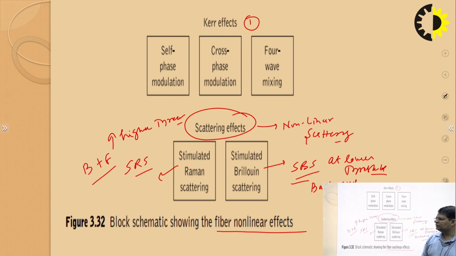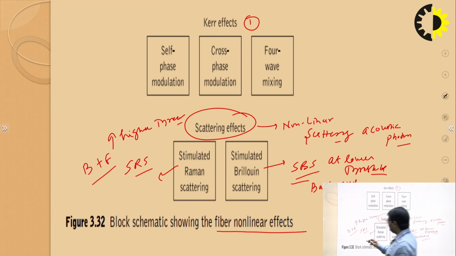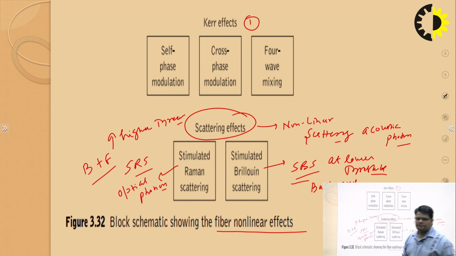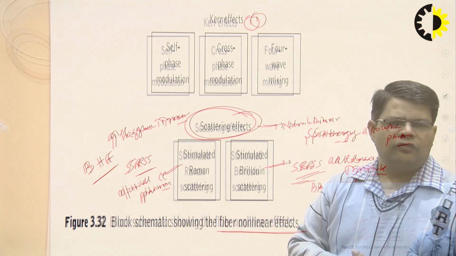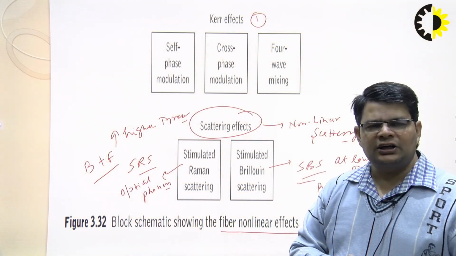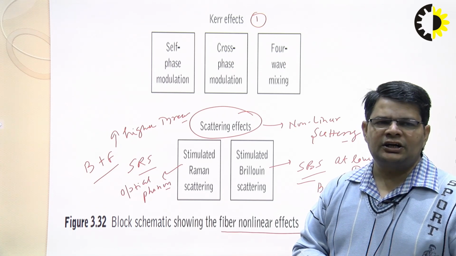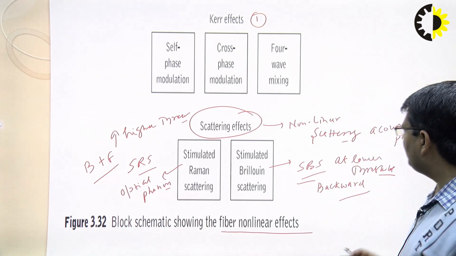There are other differences as well: in the case of SBS, an acoustic phonon is produced, whereas in the case of SRS we get an optical phonon as an additional particle. And all the characteristics of non-linear scattering are followed here, like power being transferred in a disproportionate manner, and after scattering there is a change in the frequency of the signal.